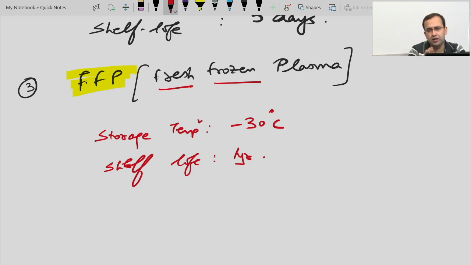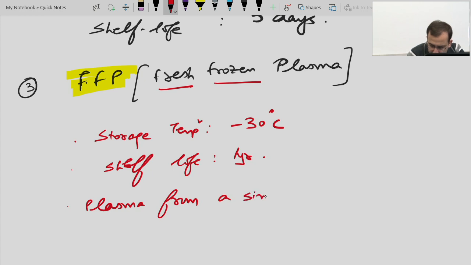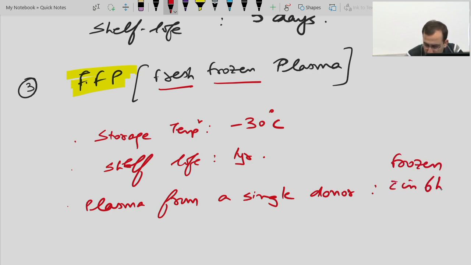Fresh, it is freshly collected and then frozen. So plasma from a single donor is frozen within 6 hours of collection. So fresh 6 hours, frozen minus 30 degrees and shelf life is 1 year.